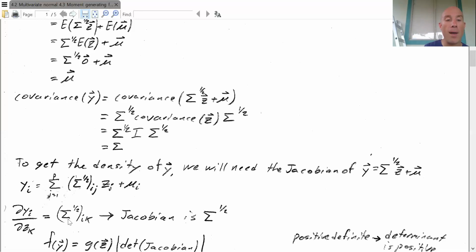And I multiply by what's getting multiplied by it. Boom, the partial derivative of Y sub i with respect to Z sub k is in fact the ith kth entry of that matrix. That tells us that the Jacobian is equal to the square root of sigma. Now we need to go back and do some matrix calculus, because now that we have the Jacobian, let's get going.